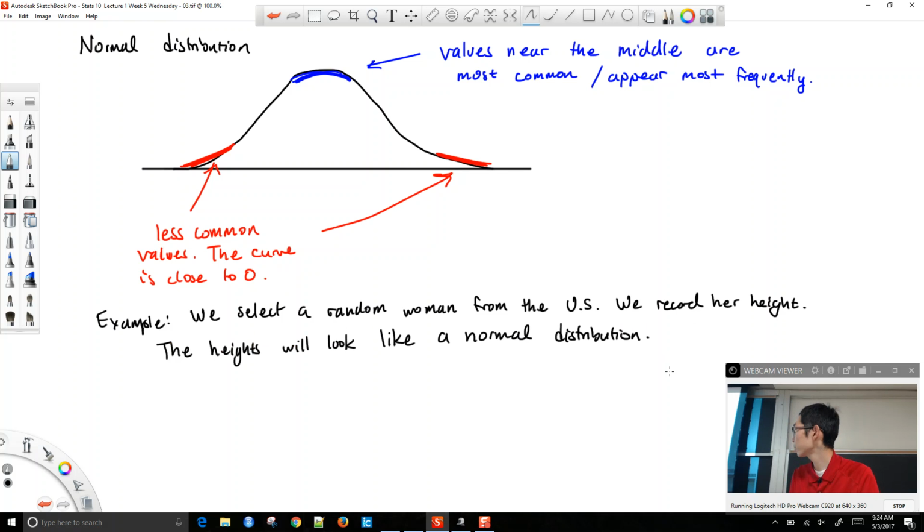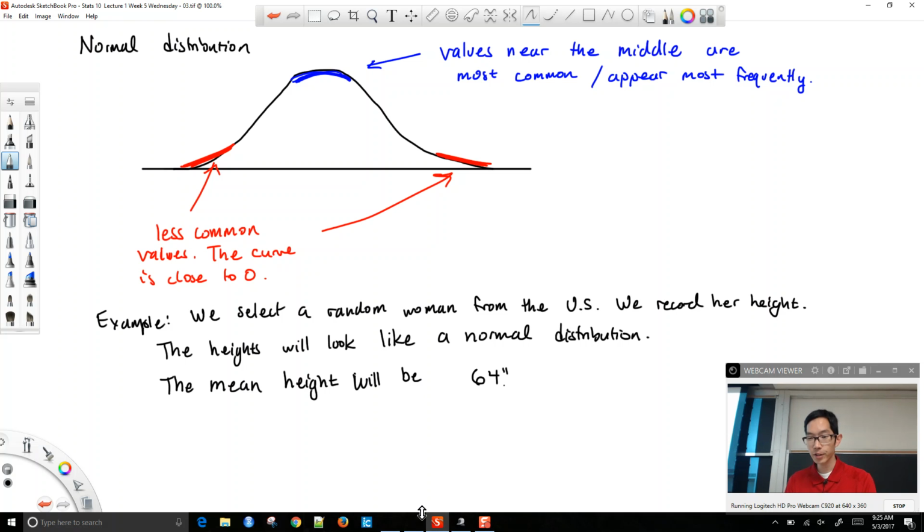And for simplicity, we'll say that the mean height will be something around 5'4". Maybe something around there. We'll just say about 64 inches, just for simplicity.